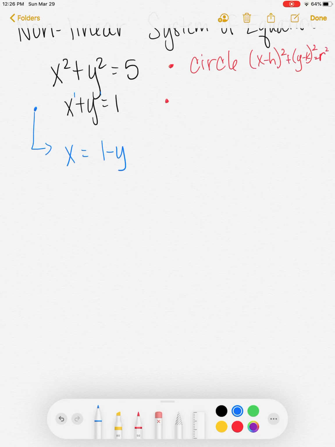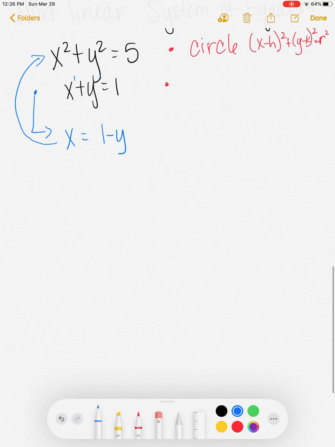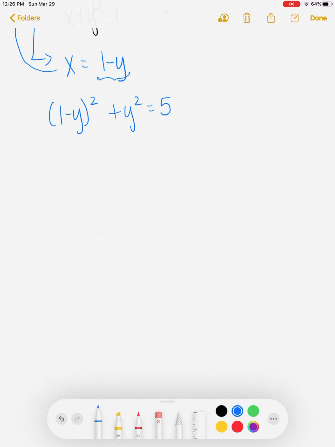So now what I have to do is take that x and plug it into my second degree equation, my circle equation. So if I know x is really 1 minus y, I can plug that in. The parentheses are very important because the entire x is squared. So 1 minus y will be squared, plus y squared equals 5. Keep in mind, such a common mistake, this right here. If I was in class, I'd ask you, how do I expand that guy?